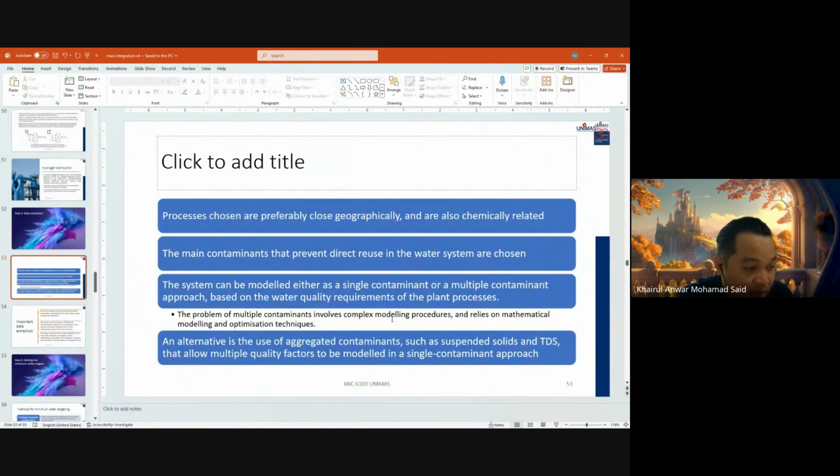Water sinks refer to demand that requires water, and the water source is defined as the wastewater supply generated. So two terms, sink and source, and extracting their allowable flow rate and limiting concentration.